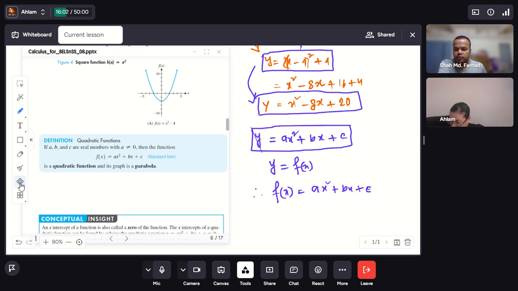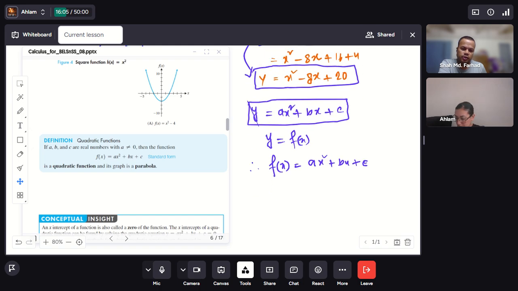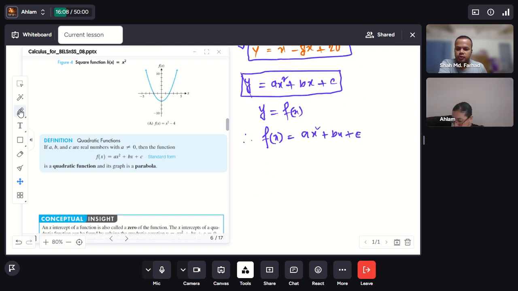So that is called the quadratic function. We got the quadratic function from the quadratic equation. And the shape of the quadratic, we just saw, is a parabolic shape, right?